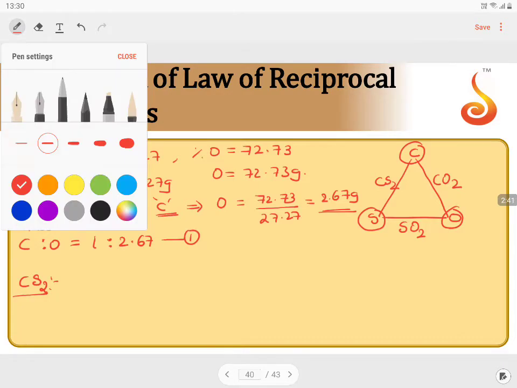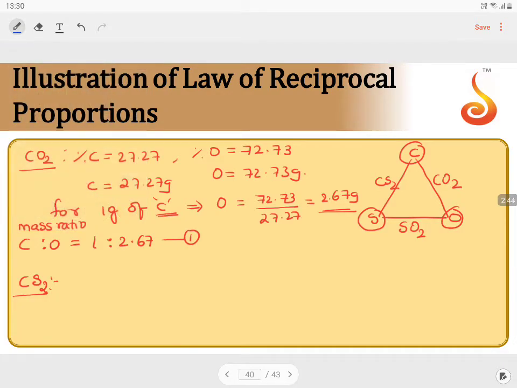Same way, let us come now to the data about carbon disulfide. The percentage of carbon they have given in carbon disulfide is 15.79%. So automatically the percentage of sulfur will be 84.21%. Now from this, mass of carbon can be taken as 15.79 grams, mass of sulfur will be 84.21 grams.